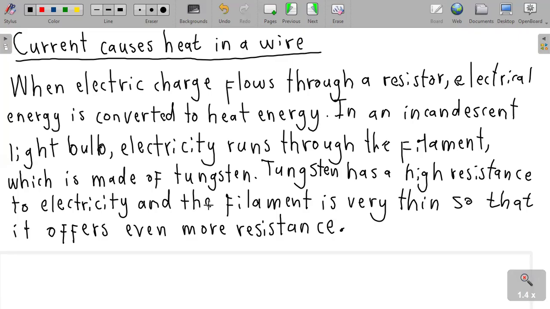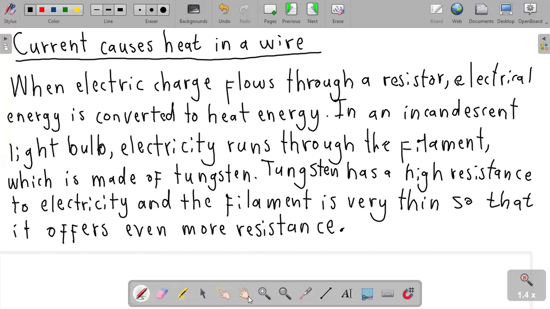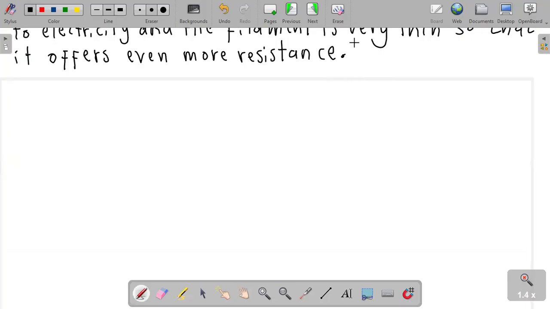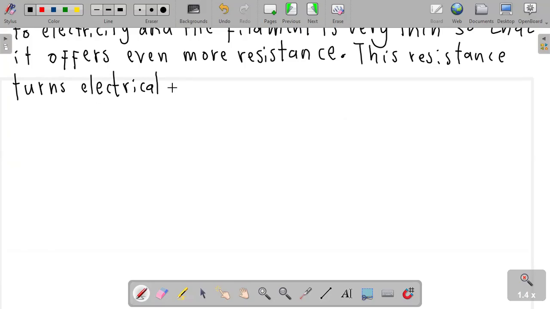So this resistance is the one that turns electrical energy into heat energy.